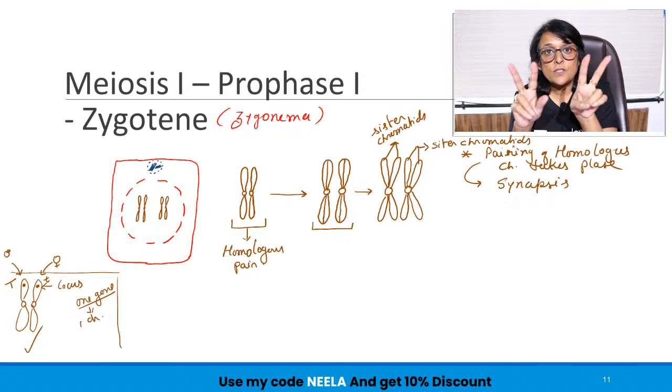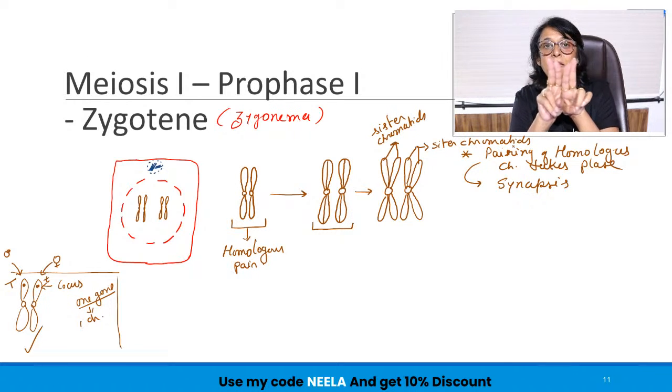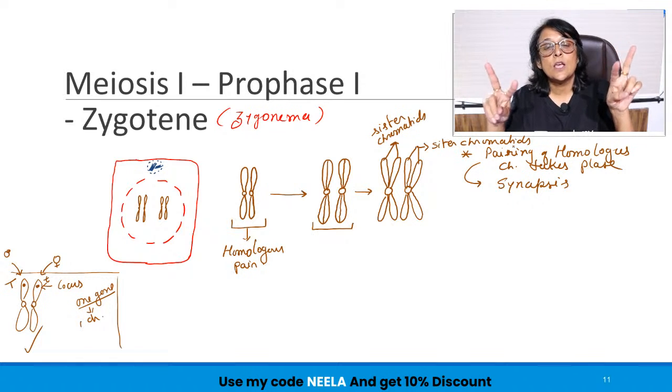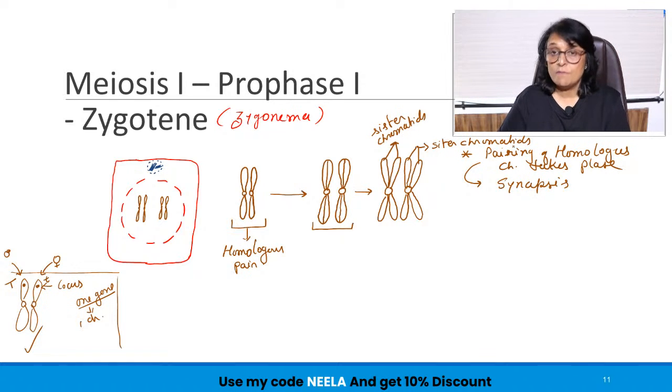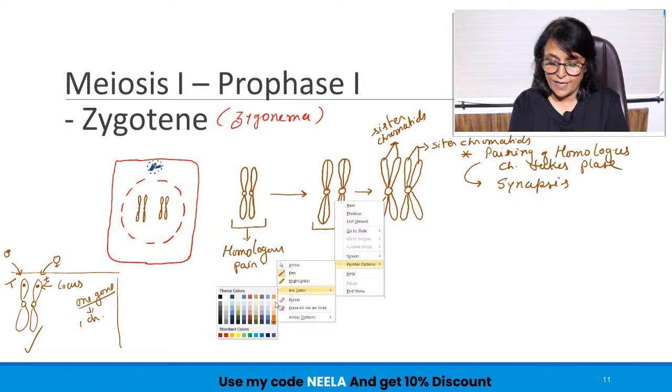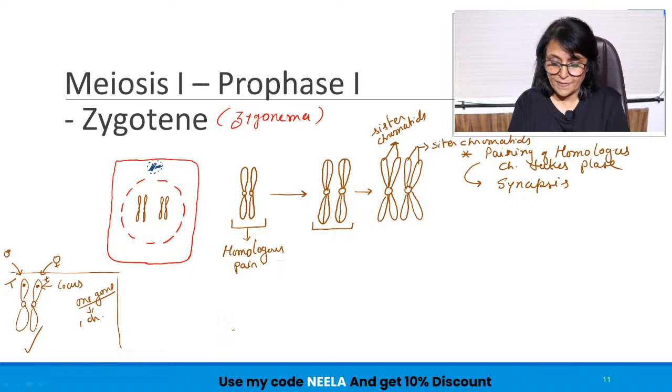But for this, the two chromosomes should remain together. If the two chromosomes are apart, how will crossing over take place? So what is that structure which is going to keep these two chromosomes together? That structure is called synaptonemal complex.